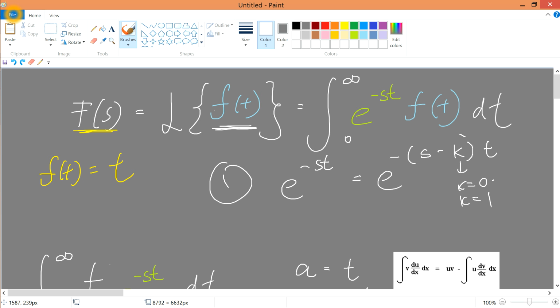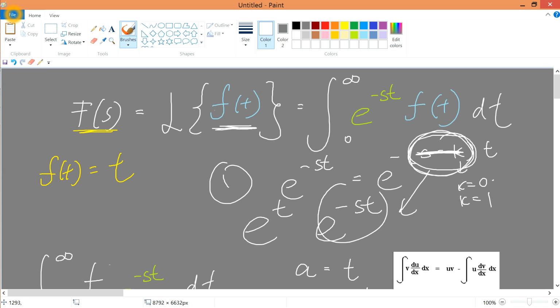It must not be negative on this side, because it would cancel out with this negative and things will not be right. Negative times negative gives positive. We do not want e to the positive t; we want e to the minus st. Please remember that.